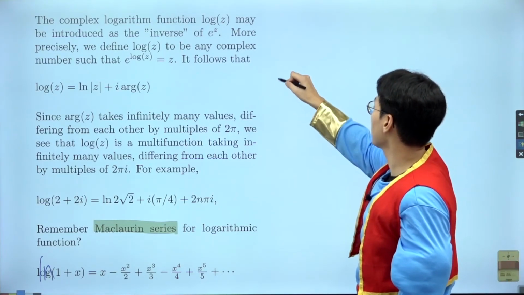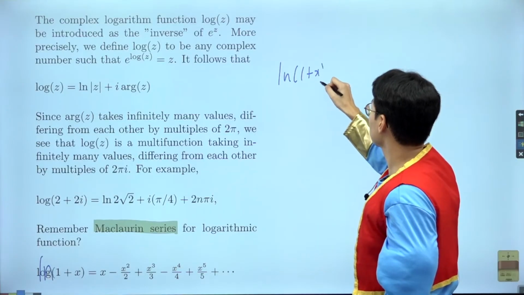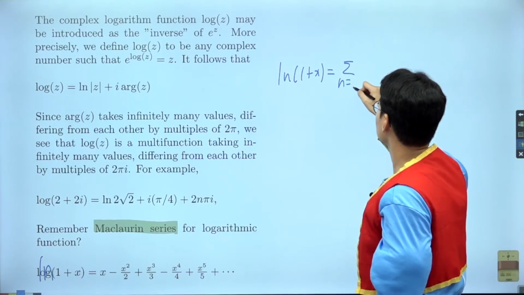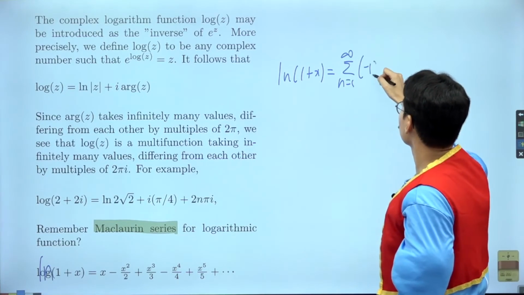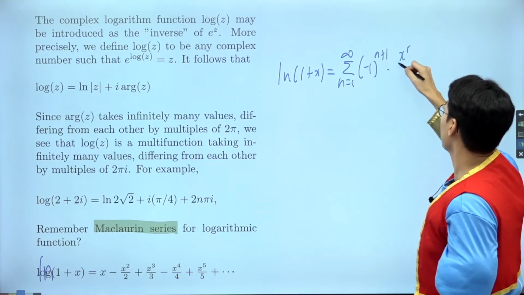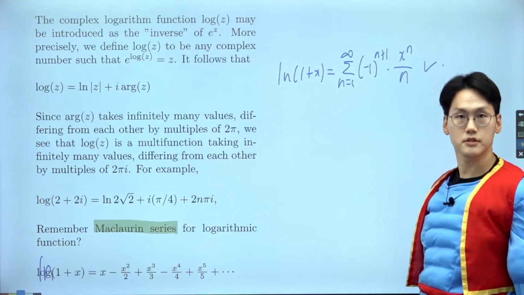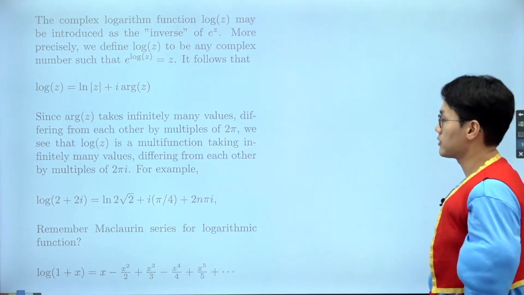So please bear in mind, the Maclaurin series of ln(1+x) is the sum from n=1 to infinity of (-1)^(n+1) x^n / n. Very good, okay?